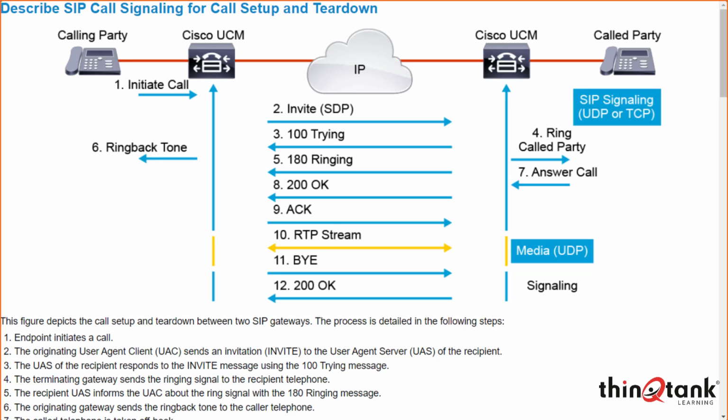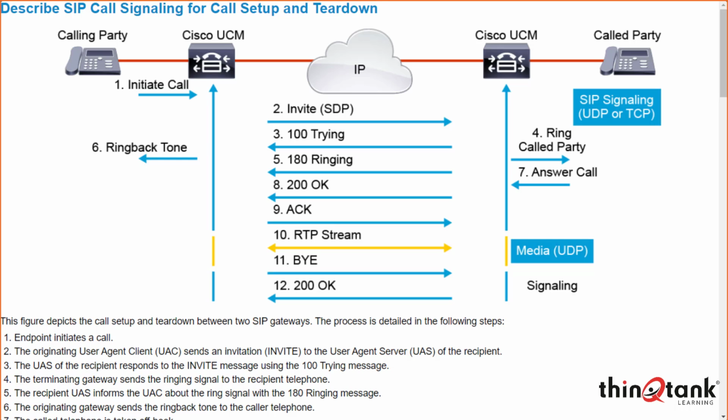But what you're seeing in this diagram is the call setup and teardown between two different SIP gateways. Now, we're assuming that SIP is running end-to-end. It doesn't necessarily have to run end-to-end. The phones themselves could be running Skinny, and then we could have some sort of SIP trunk that's configured between the two CM servers in this particular case. But in this case, we're running SIP end-to-end.